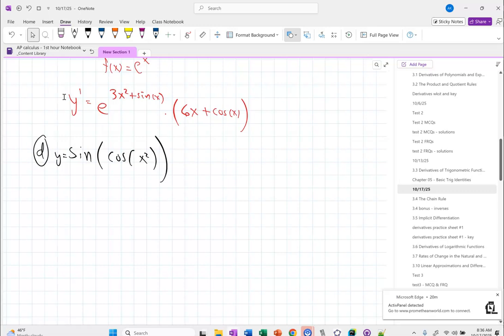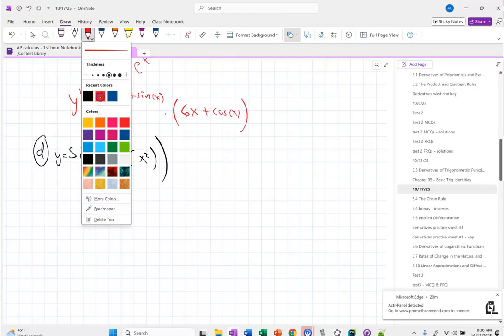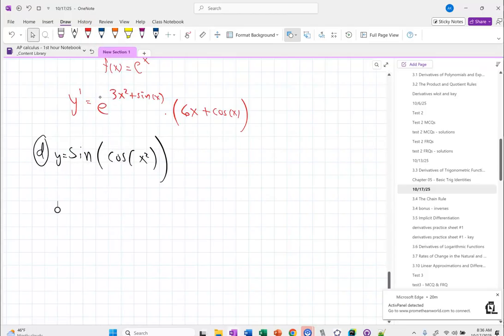What's the innermost function? The x squared. And then the middle, cosine. And then the outermost, sine. Okay, I'm going to stop writing these. Is that okay? Okay. So the derivative is the derivative of the outside.